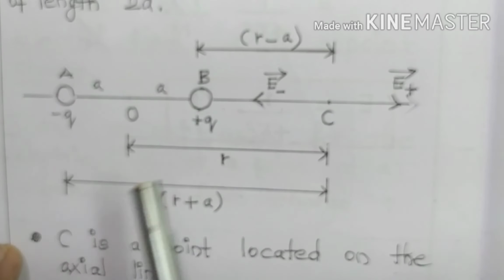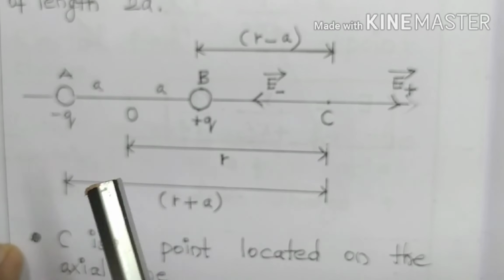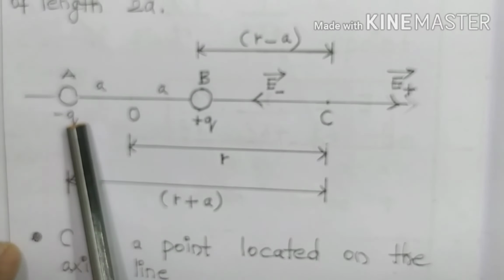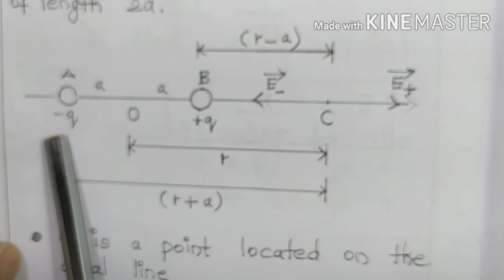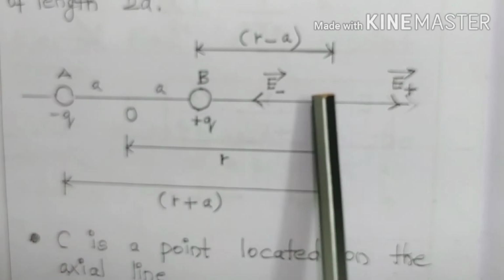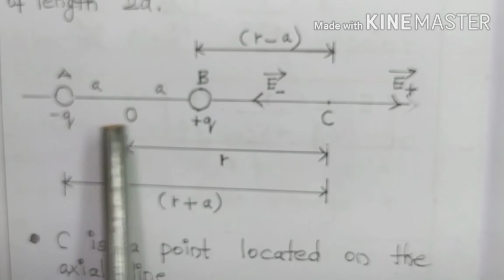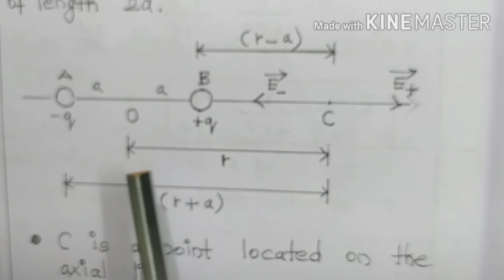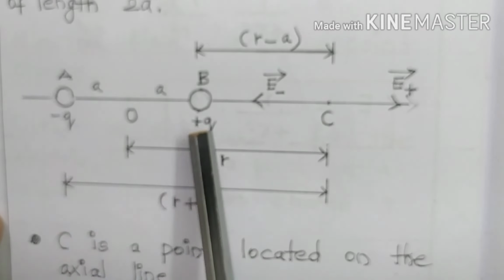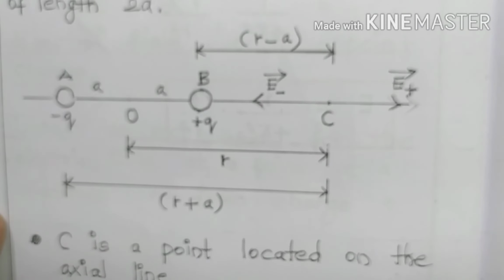Now what about the direction of the dipole moment? Dipole moment is always calculated from minus Q to plus Q. So what is the direction of the dipole moment? From minus Q to plus Q, in this direction. So in the case of this axial line, both the direction of electric field and the direction of dipole moment lie in the same direction.